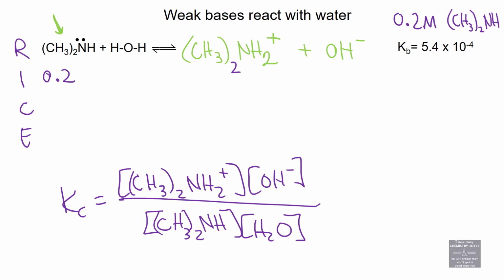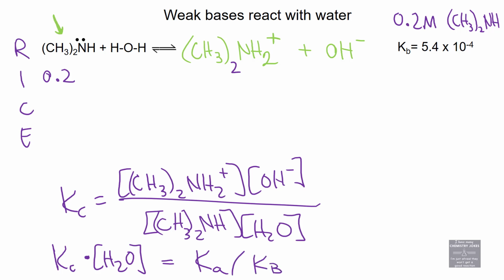What's the difference between Kc and Kb or Kc and Ka? Kc times water concentration, which we said at the beginning of this video is a constant, is equal to Ka or Kb.